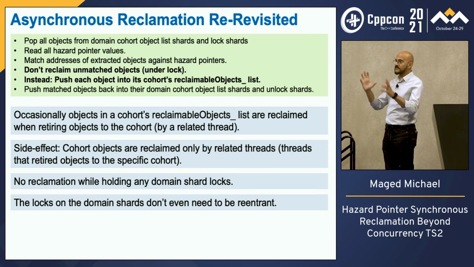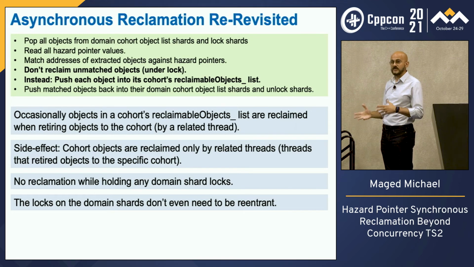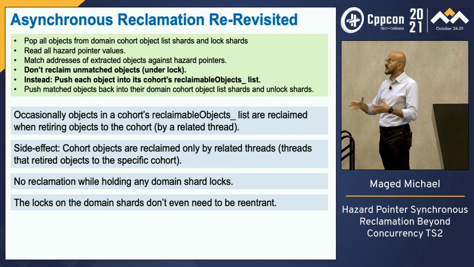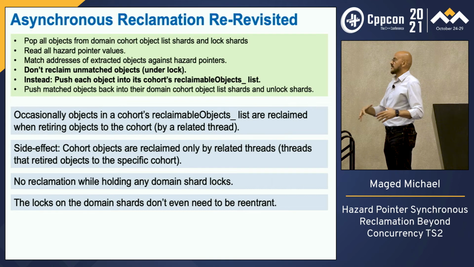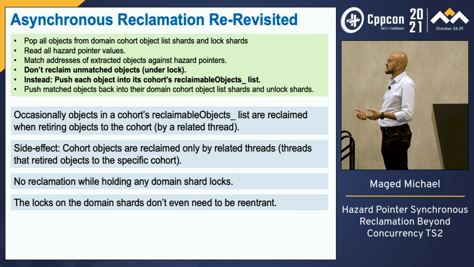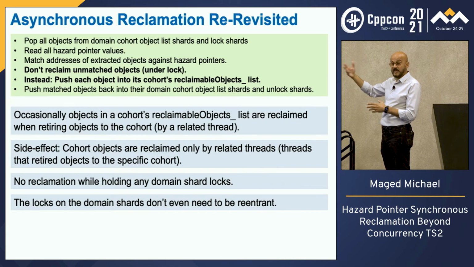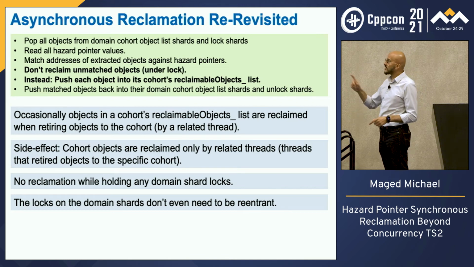Now let's revisit asynchronous reclamation for the third time. What it does is pop all objects from the domain, including the cohort object list. In this case, it will be multiple shards, and it will lock all the shards. Then it will read the hazard pointers and match addresses against the objects. But in the previous algorithm I mentioned, it was reclaiming the object under lock. Here, we don't reclaim unmatched objects under lock.